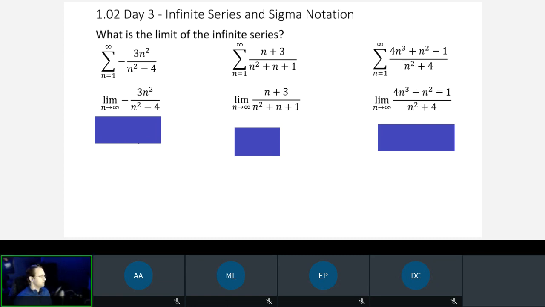And then we look at the exponents, they're the same. So what is that limit? Careful, careful. There is a negative sign right here. It is -3. Yes, be very careful.